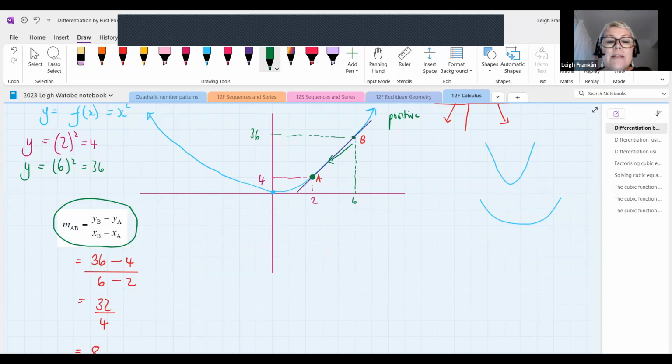So let's pretend, using the gradient formula, I want to calculate the gradient at A.